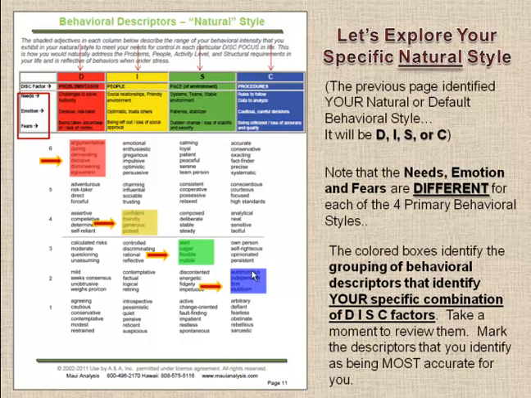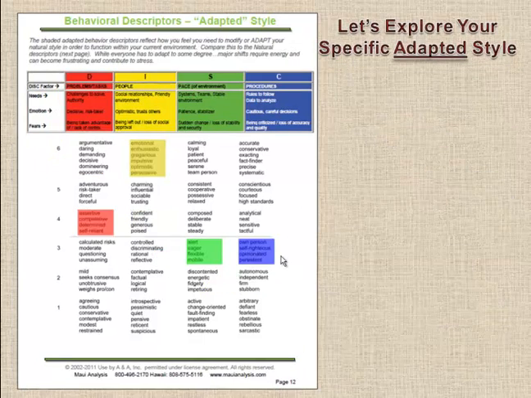Giving you a very clear picture, in this case, when you read your report, how you appear to other people in terms of these four major behavioral factors. We also provide you with the same information for your adapted style.